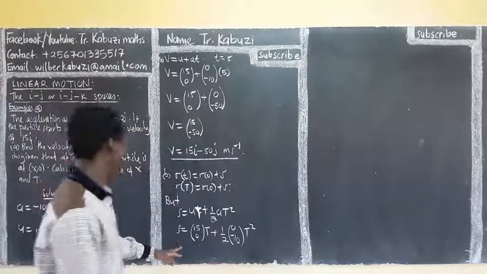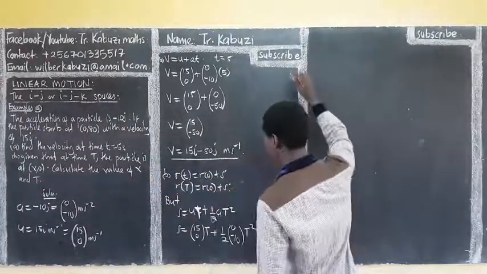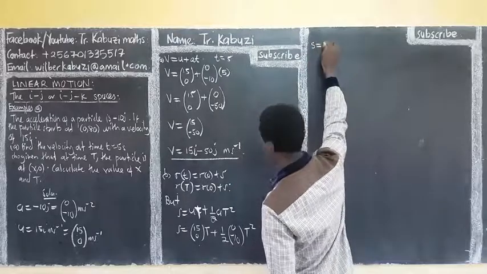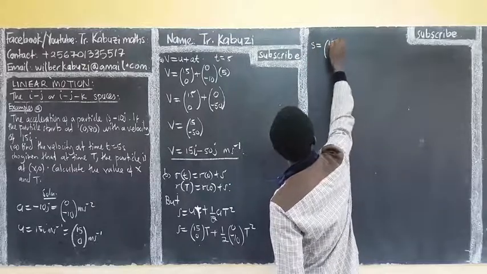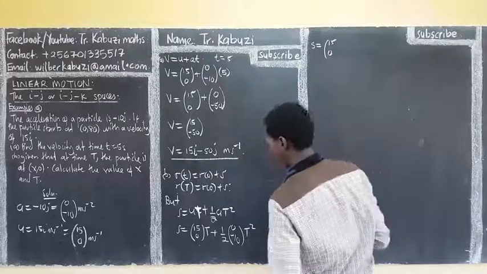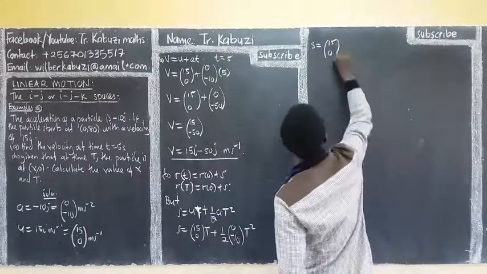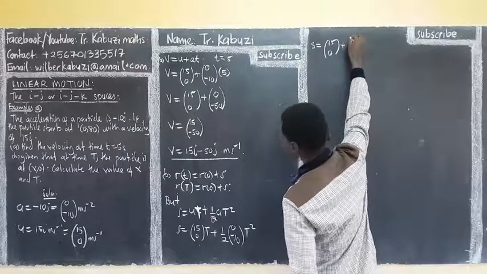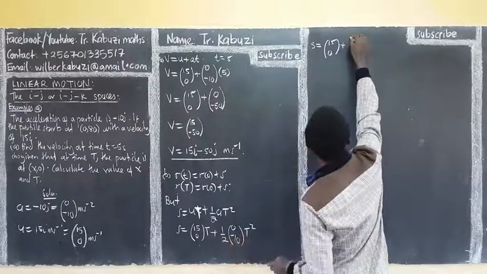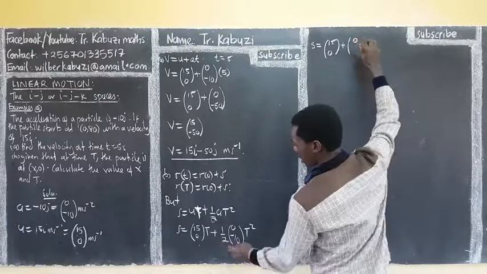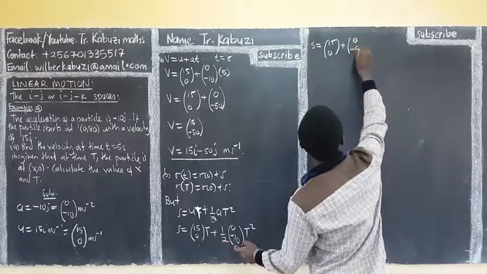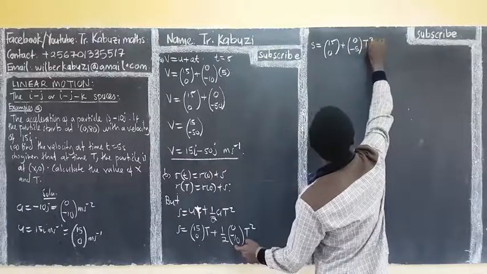So from there, my S is going to be 15T, you see, half of this is going to be 0, then plus, half of this is going to be negative 5, the whole T squared.